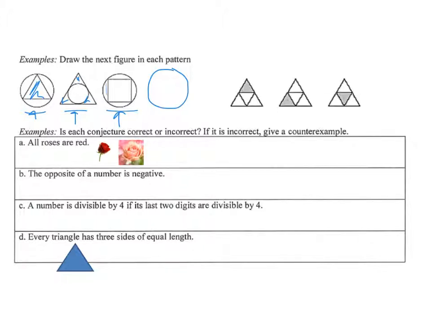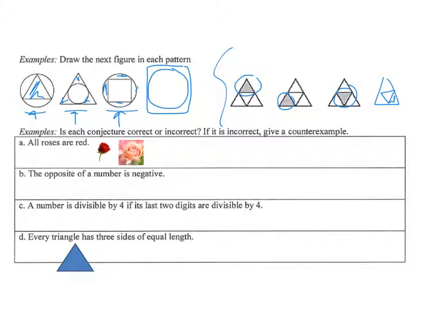But in this one the squares are on the inside, so now the square needs to be on the outside. That's the next pattern. Okay, this one, they're triangle, triangle, triangle. So triangle, shade on the top, shade on the left, shade in the middle. So this must be shaded on the right-hand side.